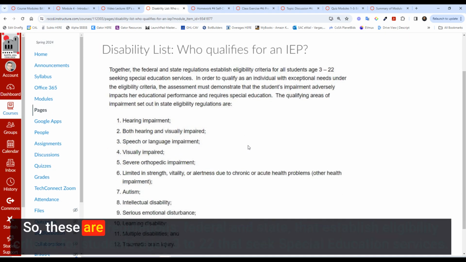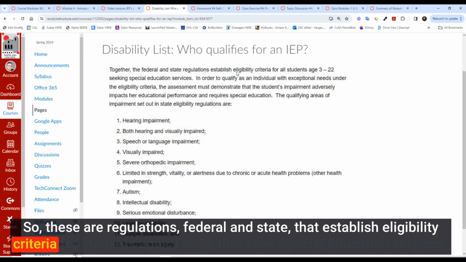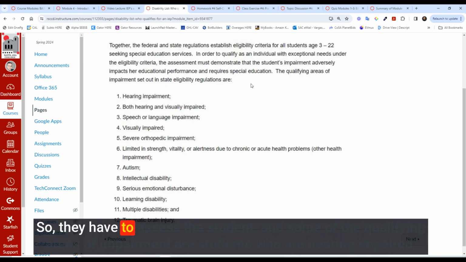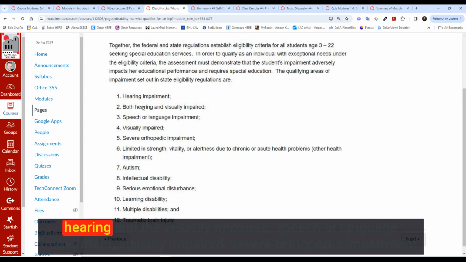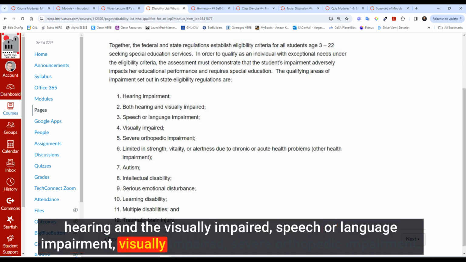So these are regulations, federal and state, that establish eligibility criteria for students ages 3 to 22 that seek special education services. So they have to assess the student, and some of the qualifying areas of impairment are students who are hearing impaired, hearing and visually impaired, speech or language impairment, visually impaired, severe orthopedic impairment.